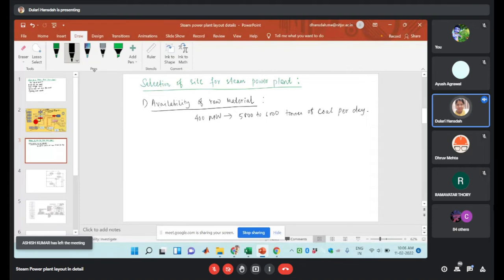Okay, so this much of the coal will be used to generate this amount of electricity.